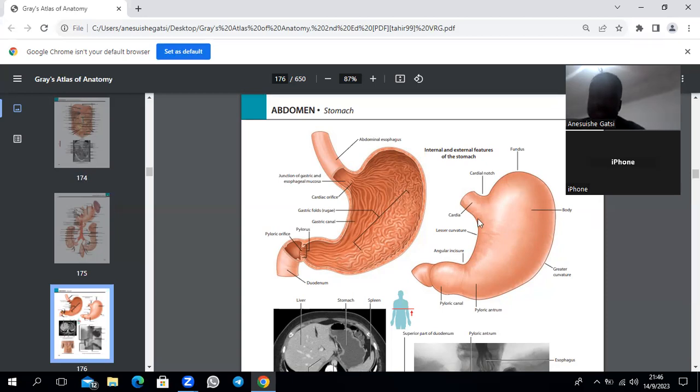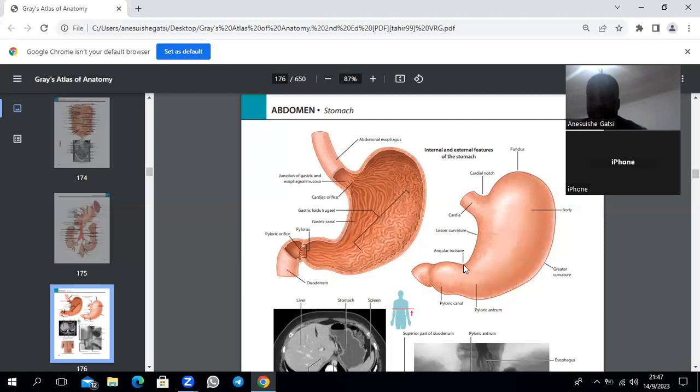Then this lesser curvature, can you see where it ends here? Where there's a small angle. That's what we call the angular incisure, but that's not how we properly call it. It's incisura angularis.